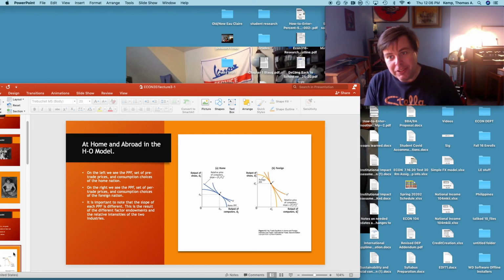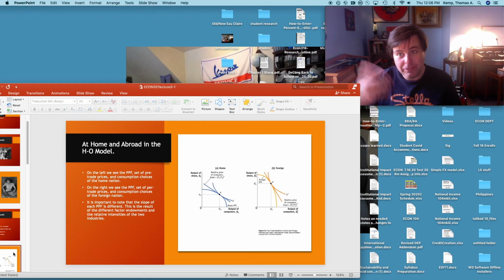So the tangency of those indifference curves and the production relationship, the PPF, just gives us the preferred mix of shoes and computers that these societies would like produced, right? Those tangencies are marked by A and A star respectively for the home and the foreign nation. Again, very similar to both the previous models.